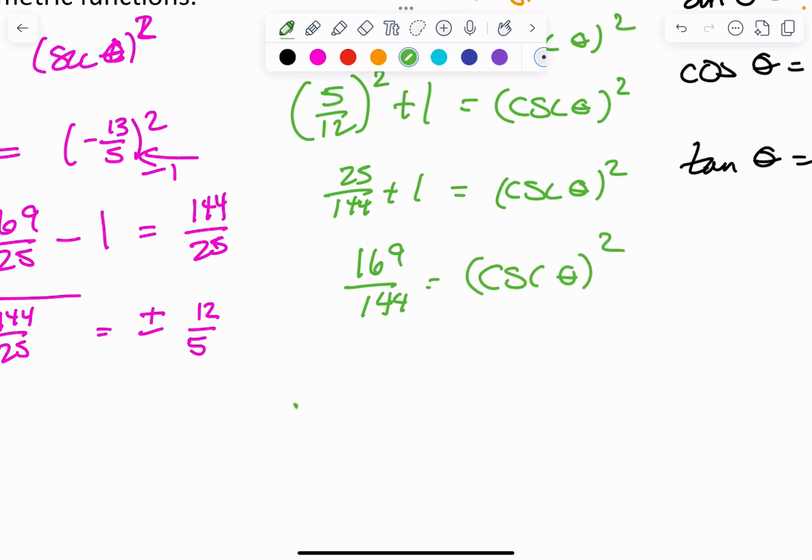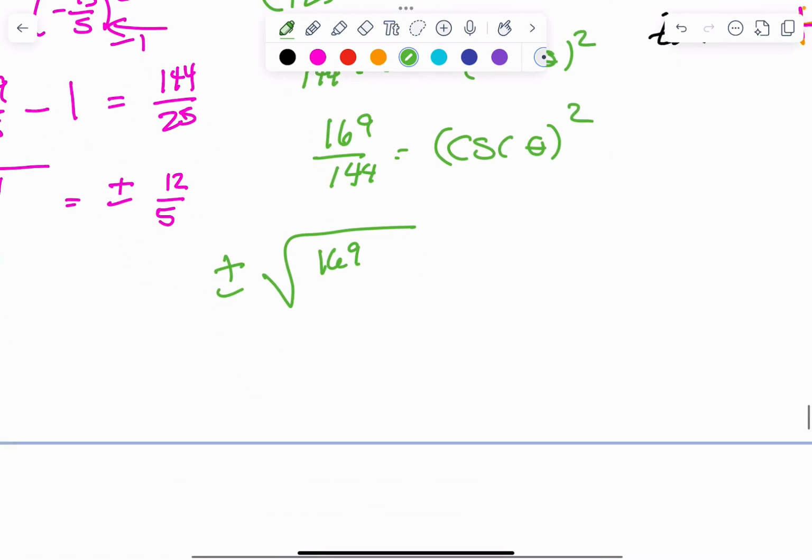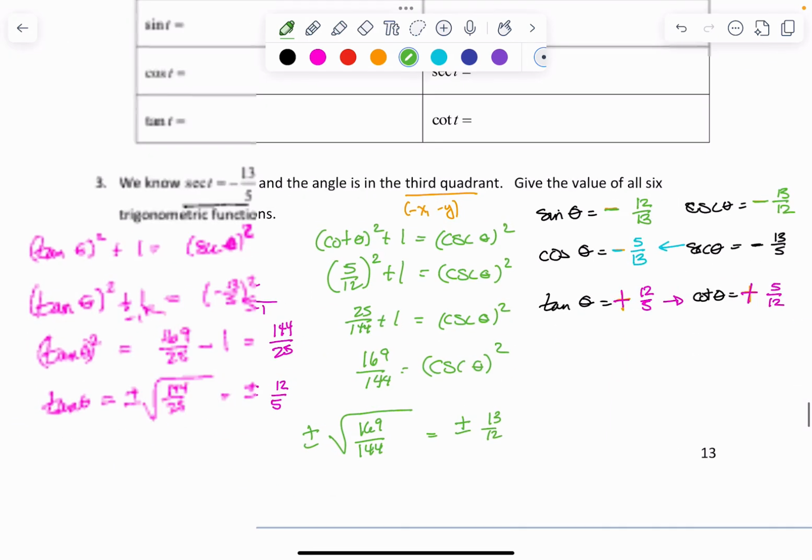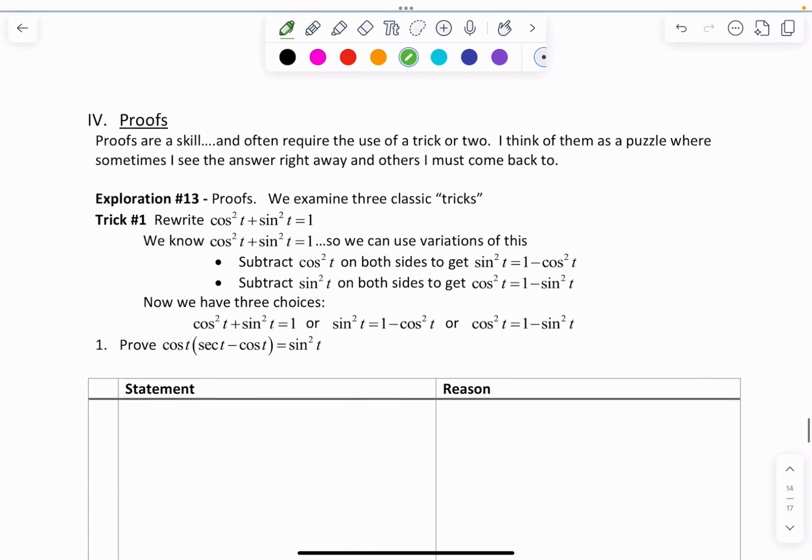Take the square root. Don't forget that plus or minus. And I get plus or minus 13 over 12. So again, remember we put the minus here for ourselves. We already know it's 13 over 12 and it's negative, which means for sine, it's going to be negative 12 over 13. All right, that's my little bit about that. We'll come back in a little bit and do proof.